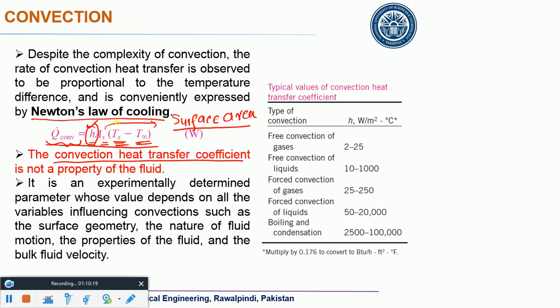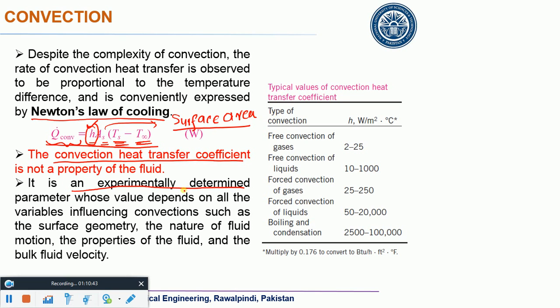And most of the time when someone says that I am doing research on convection, they are dealing with the values of h. They are looking at how to determine the values of the convection heat transfer coefficient for a certain phenomenon. So it is an experimentally determined parameter.